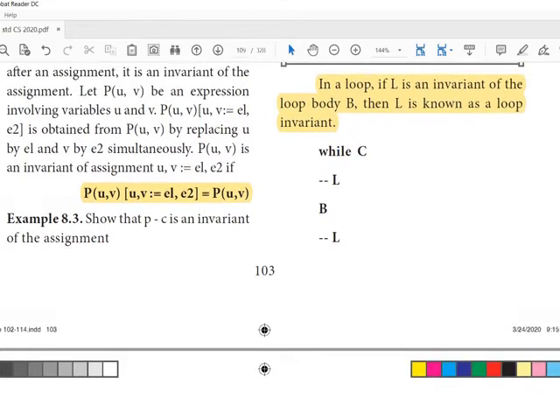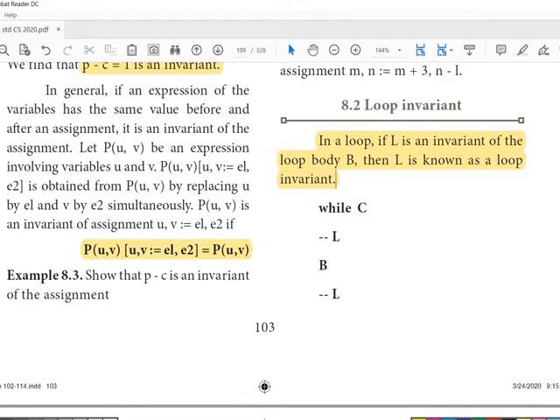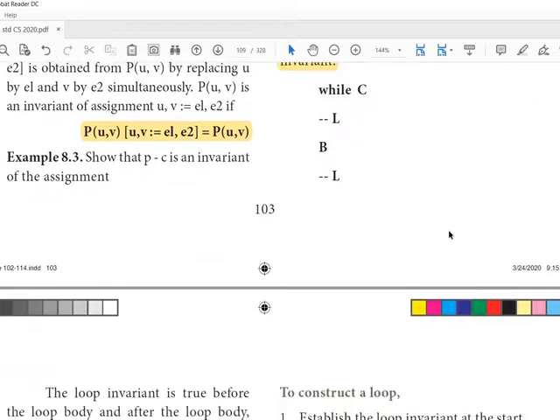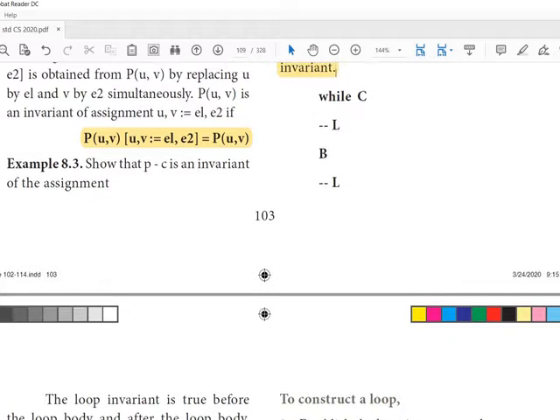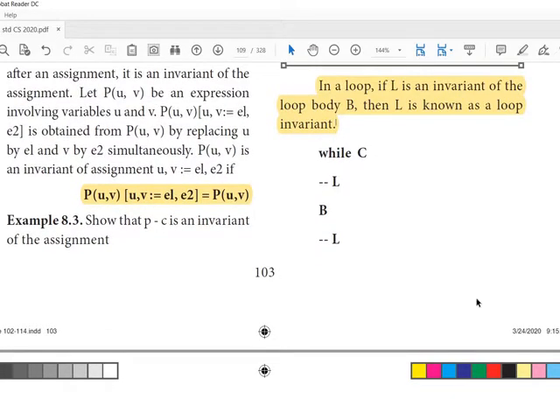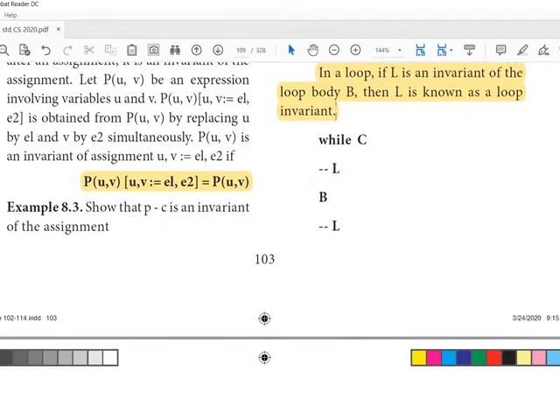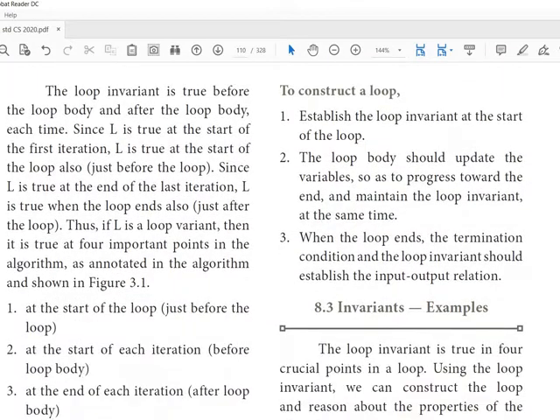While the condition holds, they are executing the loop body, and L before and after is going to be the same. We'll see with an example. A loop invariant is true before the loop body and after the loop body each time.